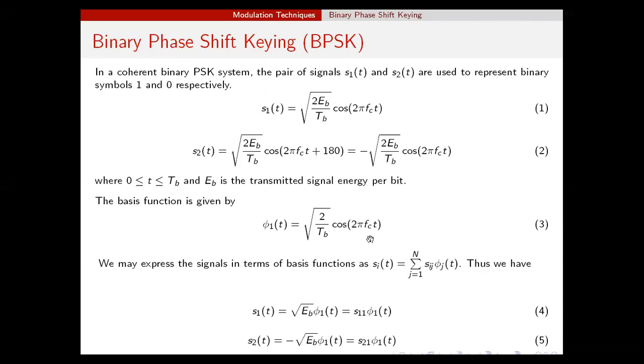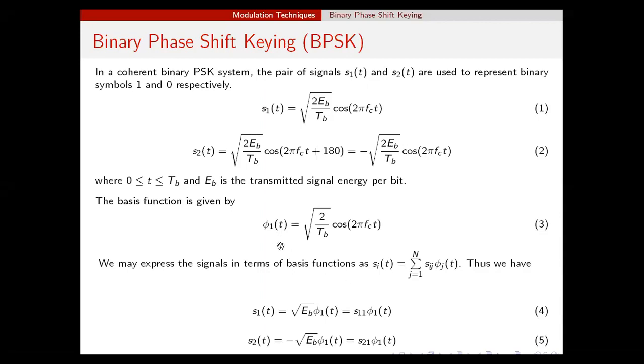Phi 1 of t. So all of you know any signal could be expressed in terms of basis functions, or it could be expressed in terms of linear combinations of basis functions. I repeat, any signal under the set could be expressed as a linear combination of basis functions, which is written in this formula.